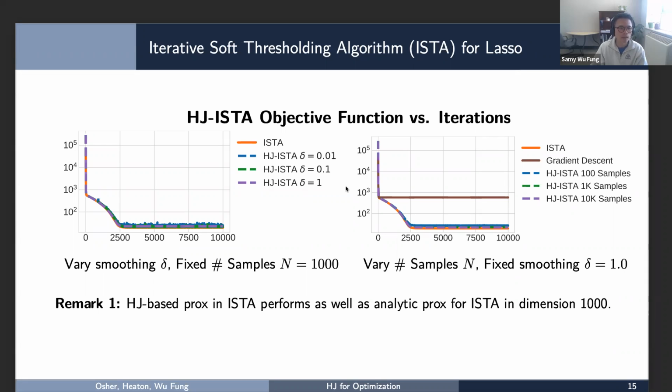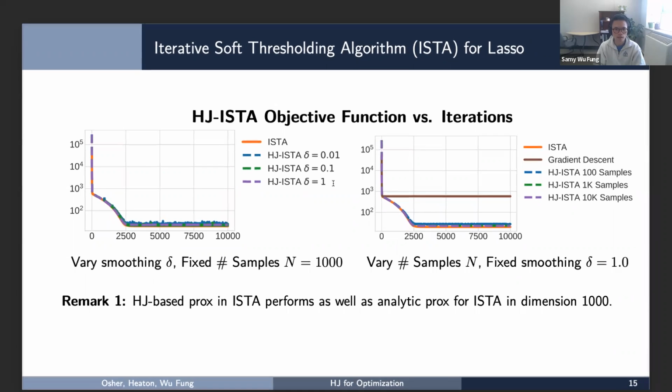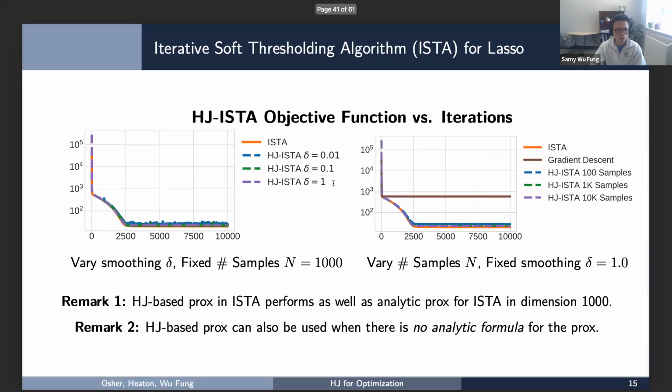This would be equivalent to doing a proximal with a diagonal weighted matrix rather than a Euclidean metric. You have a weighted Euclidean metric. Yeah, I hope that answers your question, Ryan. So there's ways to do it. Okay, cool. So again, HJ-prox can also be used.